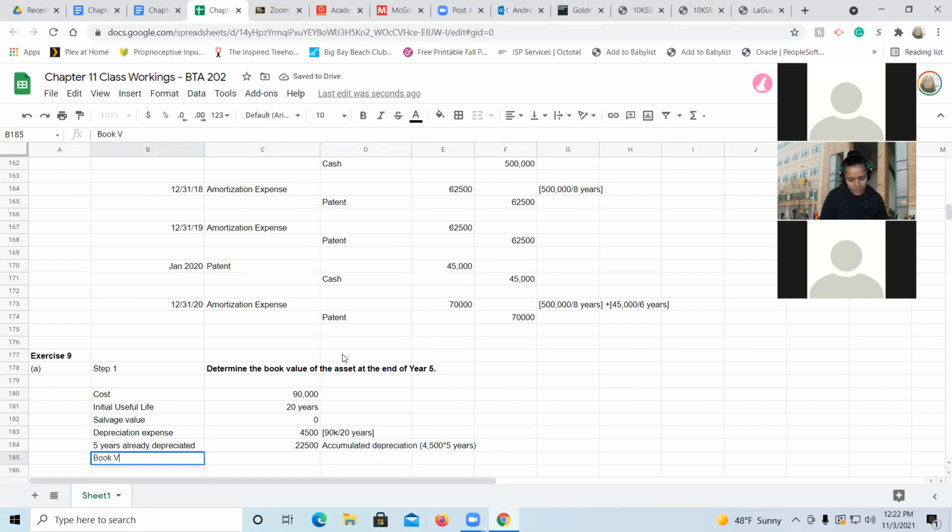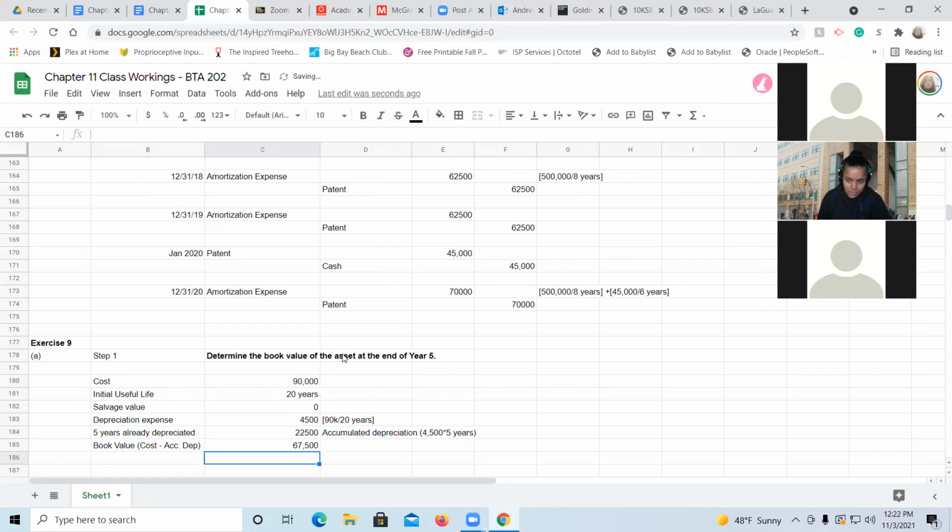So then what is the book value, right? The book value is defined as cost minus accumulated depreciation. So we can figure that out. It's going to be the cost of 90,000 minus the accumulated depreciation of 22,500. So 67,500 is what is left over.